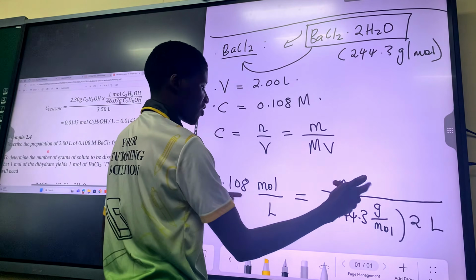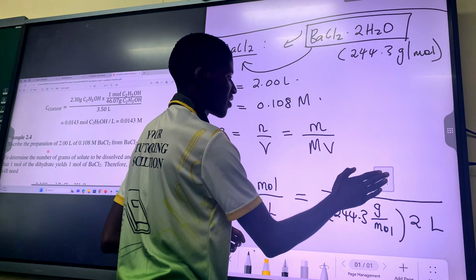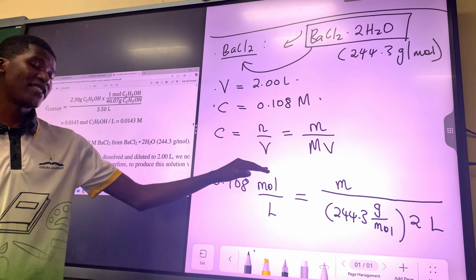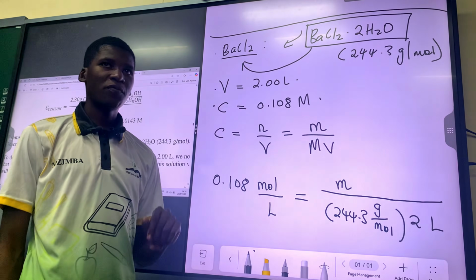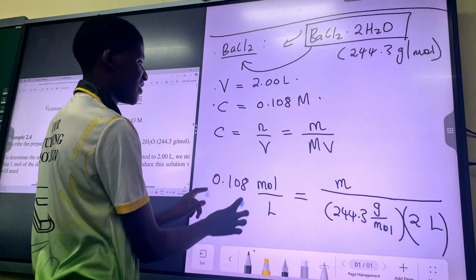Okay, there's no need to write the name here, it's fine, let's just leave it. So we are substituting your concentration, which is in mole per liter, the molar mass, and the volume that you want to prepare. So what will be the mass then in that case?